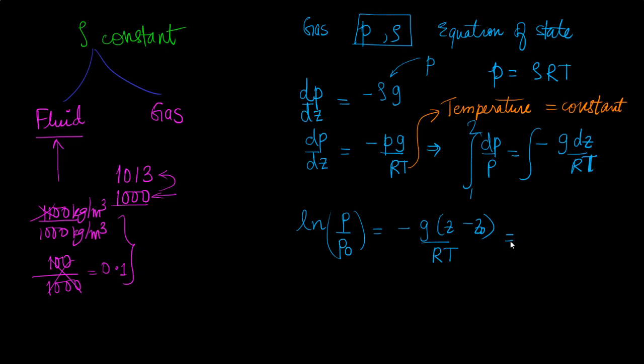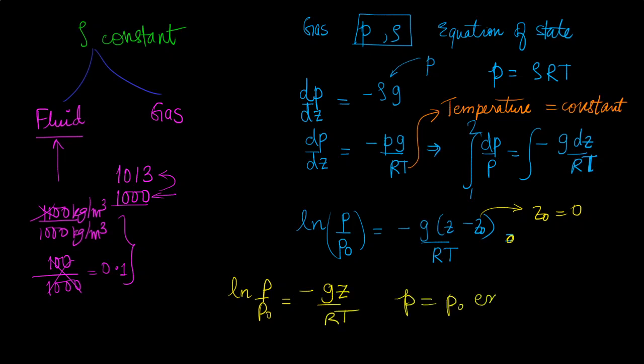So if we set the value of z naught to be 0, then we have ln P upon P naught is equal to minus gz upon RT. So P equal to P naught exponential of minus gz upon RT.